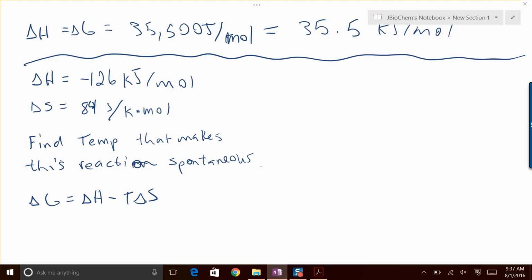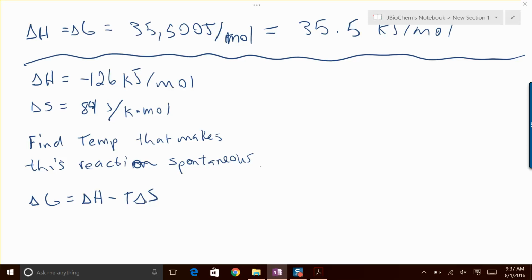Wait, no, because delta G is going to be... remember when delta H and delta S are the same sign, the delta G equals delta H. I think that's what he said.